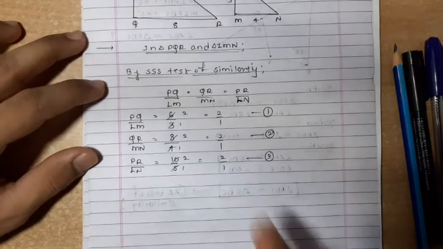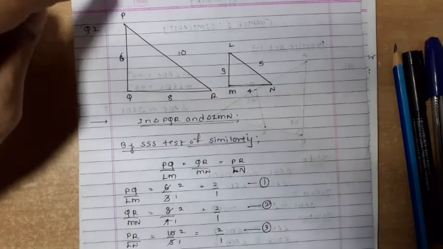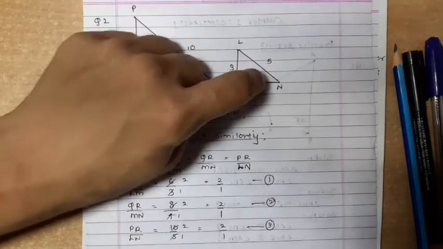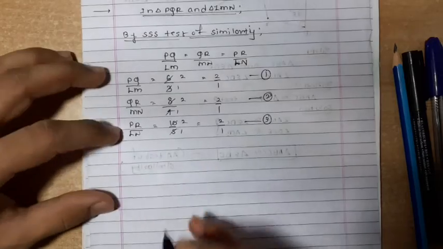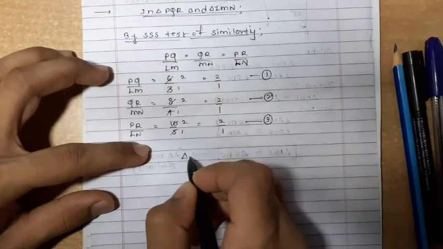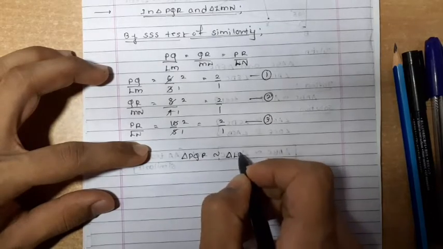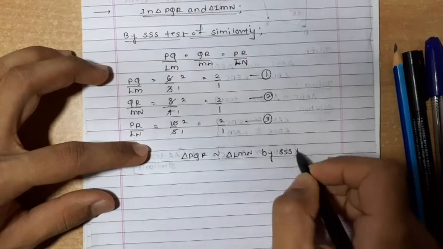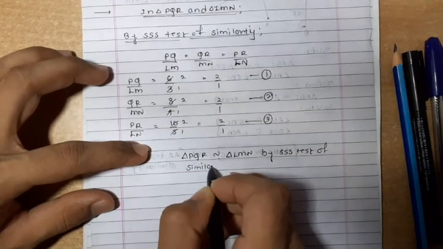That means all the three sides are in proportion. So at last we can say that triangle PQR is similar to triangle LMN by SSS test of similarity.